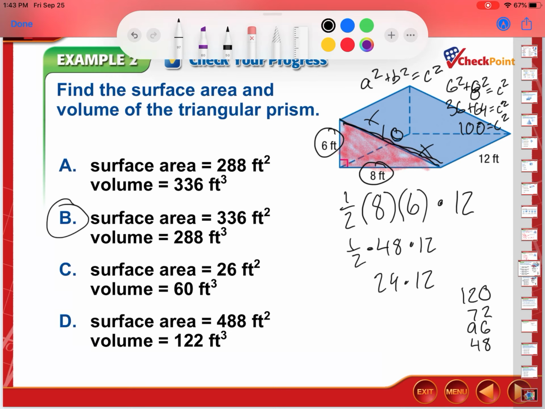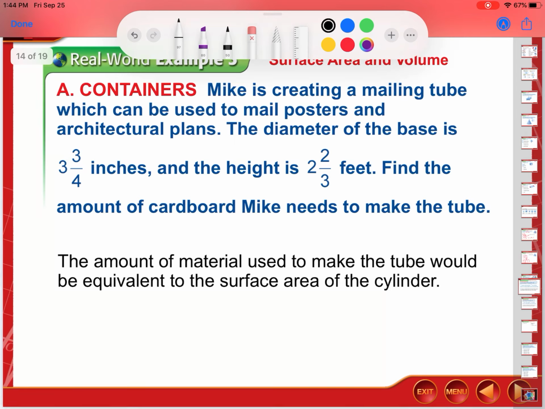If we added all these up, 48 plus 96 plus 72 plus 120, we would get 336 feet squared. But like I said, we haven't learned that stuff yet.